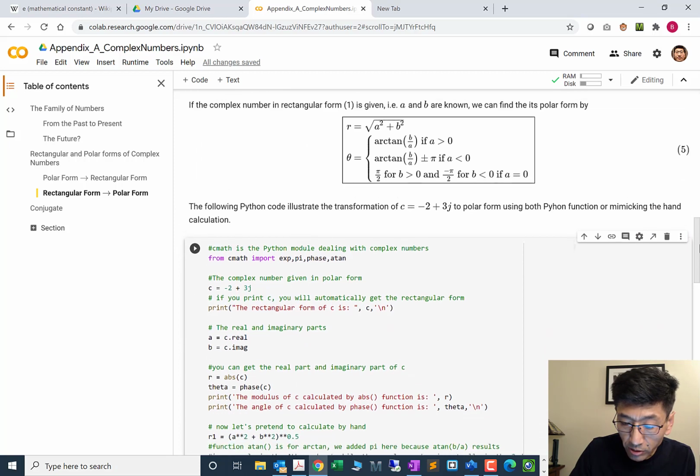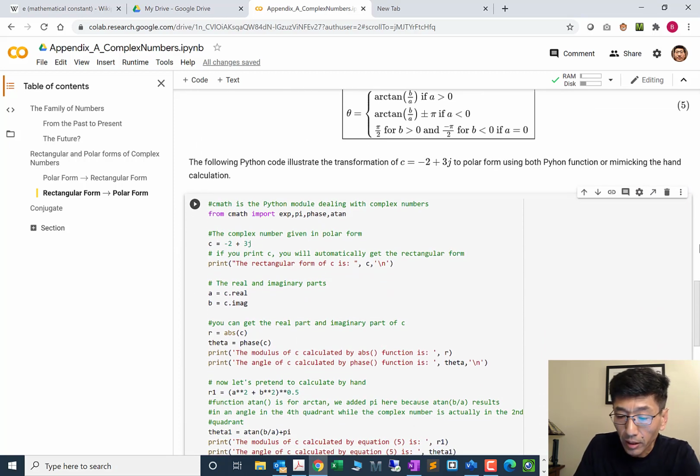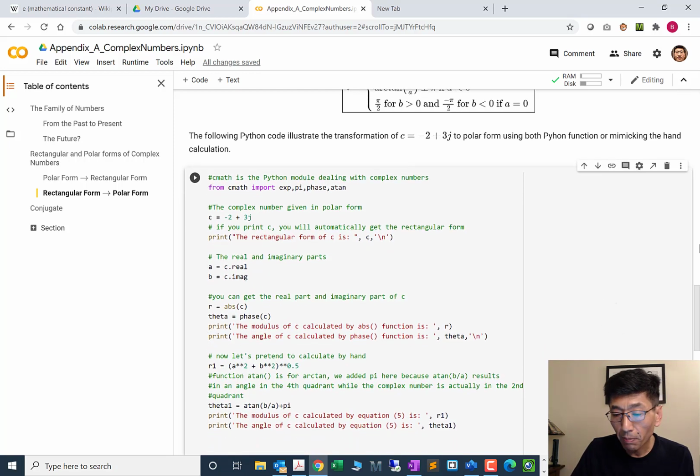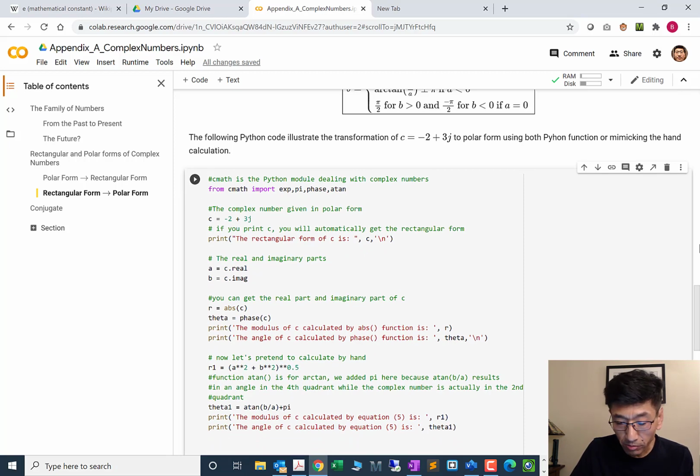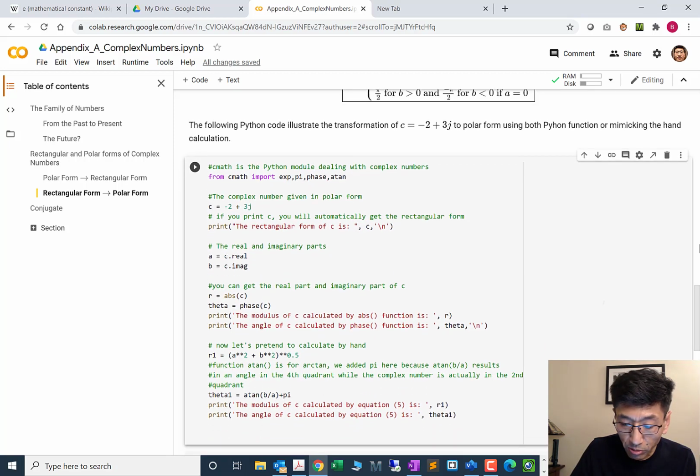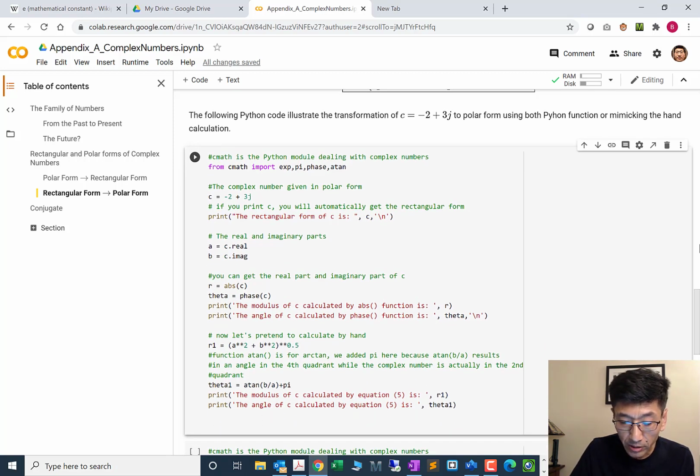So in that case, the real part is negative, the imaginary part is positive, that's in the second quadrant, right? So in the second quadrant, if we take the ratio, we have two ways to verify. The first way is using the Python function.